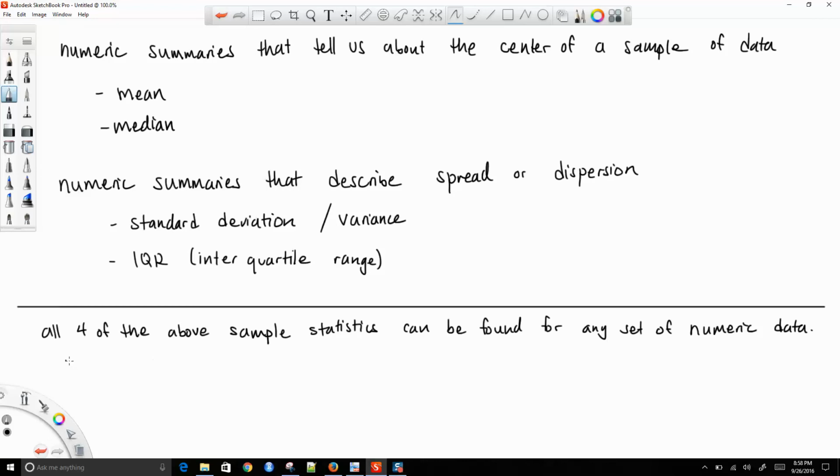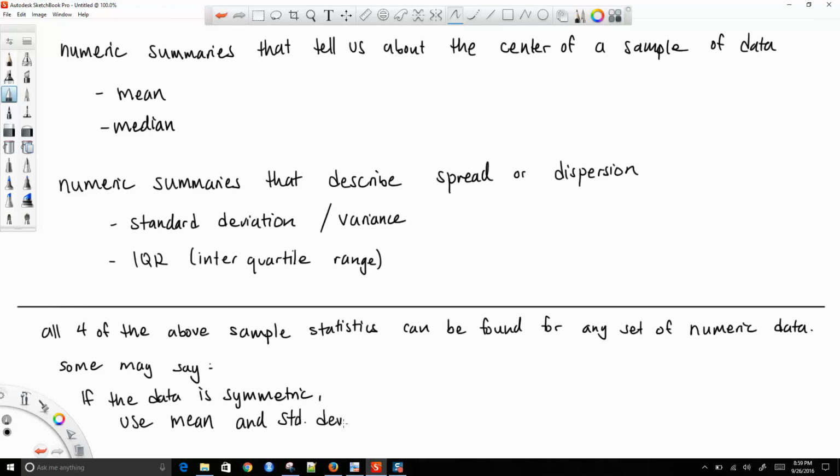But some, including our book, may say if the data is symmetric, use mean and standard deviation, which I'm abbreviating here.